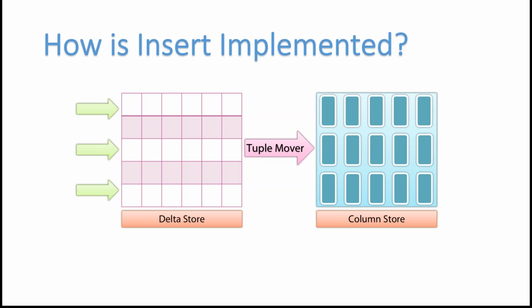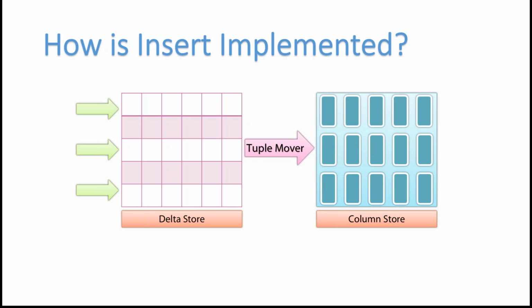It wakes up only every 5 minutes, and it works with a single thread and moves only one delta store at a time. It searches for delta stores that have 1 million rows, or to be more accurate, 1,048,000 rows. And only for those delta stores, it compresses them and moves them into the columnstore.